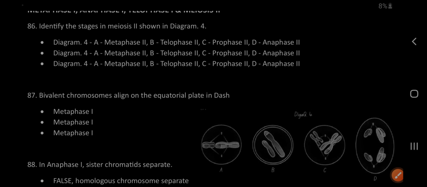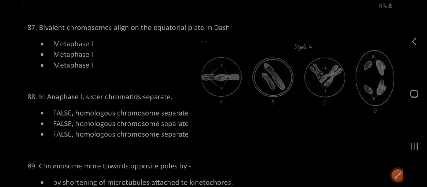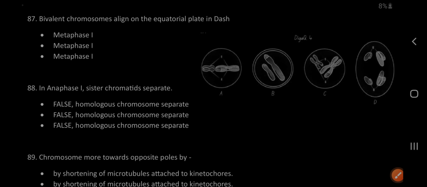Bivalent chromosomes align on the equatorial plate in metaphase 1. In anaphase 1, sister chromatids separate. False, homologous chromosomes separate.